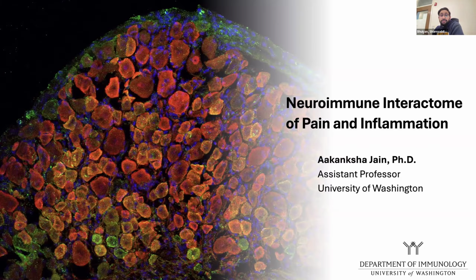This work has led to the interesting discovery of thrombospondin-1 as a suppressor of inflammatory pain, and her lab continues to identify mechanisms related to thrombospondin-1 and other receptor-ligand interactions between immune cells and pain neurons to further our attempts to develop novel immunomodulatory therapeutics. So with that, please join me in welcoming Aakanksha to this seminar.